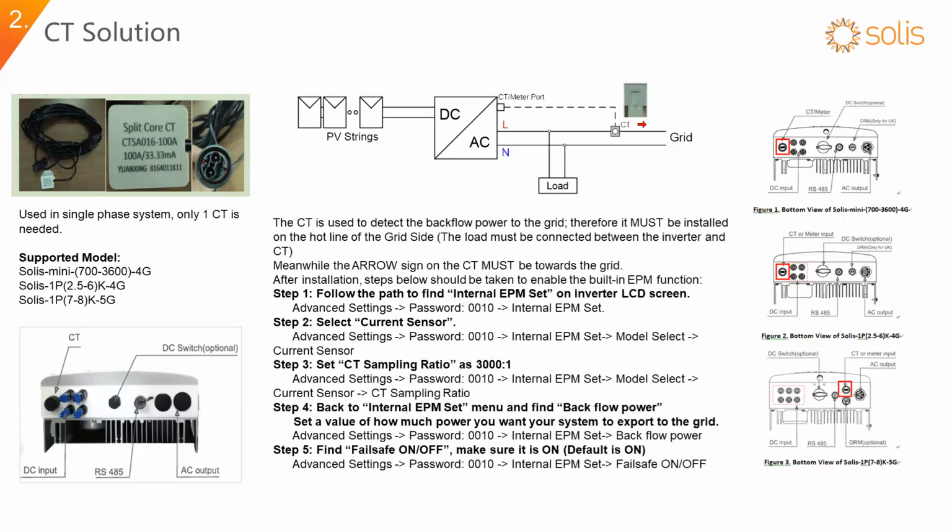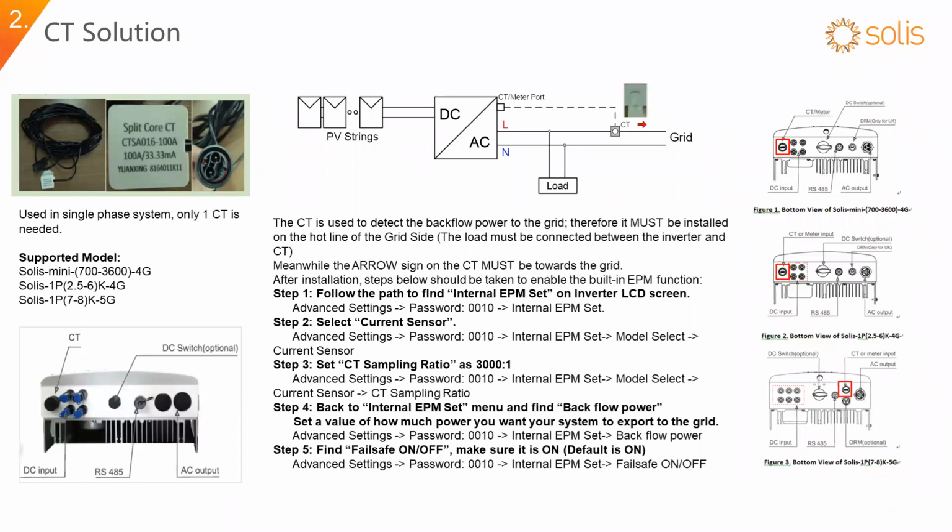If you have a limited feed-in scenario, then you just need to set the allowed export power. For example, if your network allows you to export 3 kilowatt, then you just set this as 3000 watt.